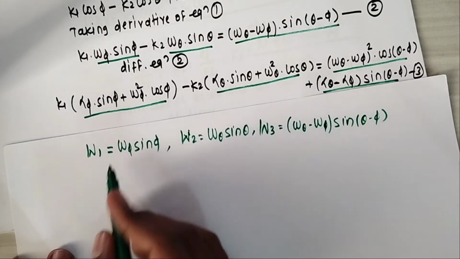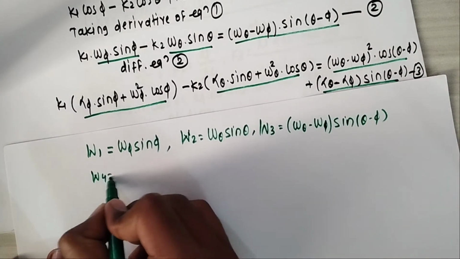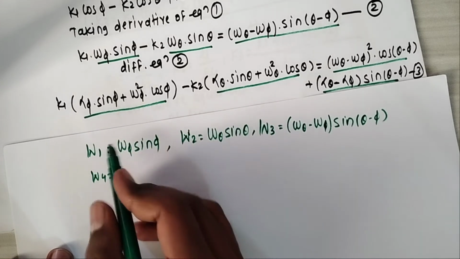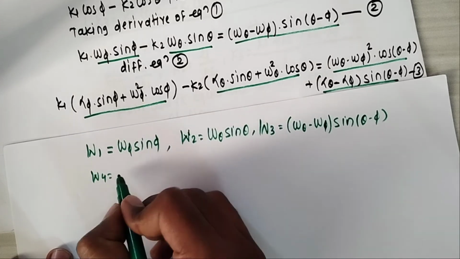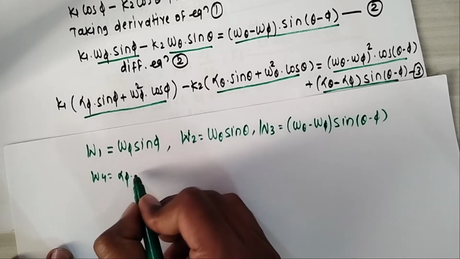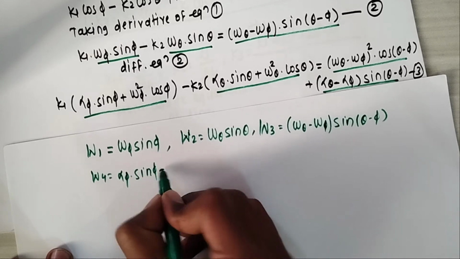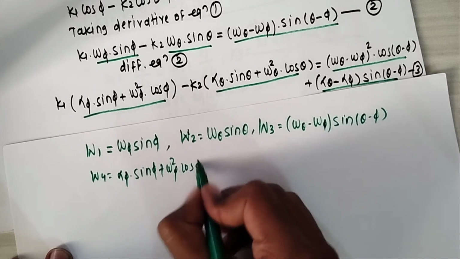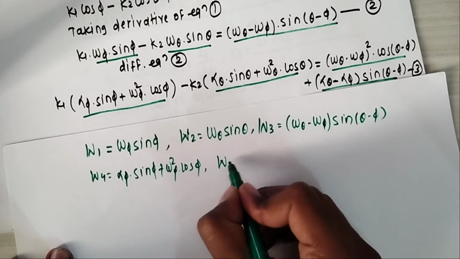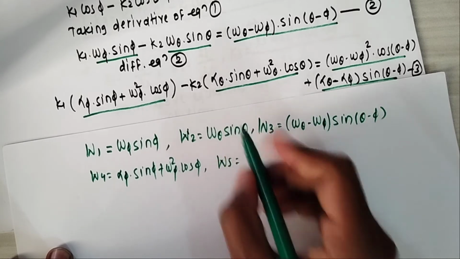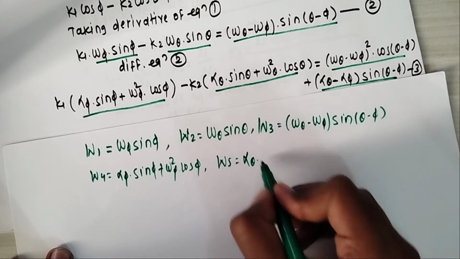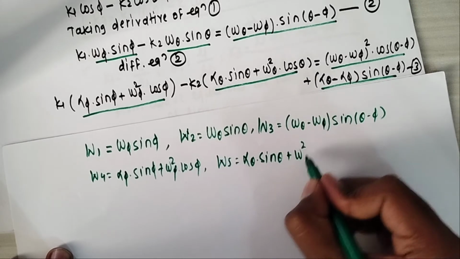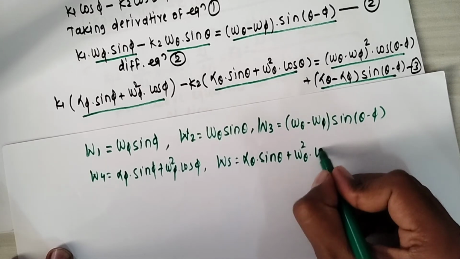Next, w4 is alpha phi into sin phi plus omega square phi into cos phi. W5 is alpha theta into sin theta plus omega square theta into cos theta.